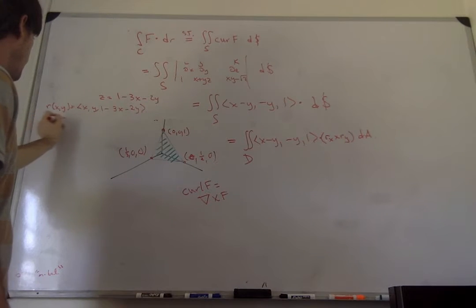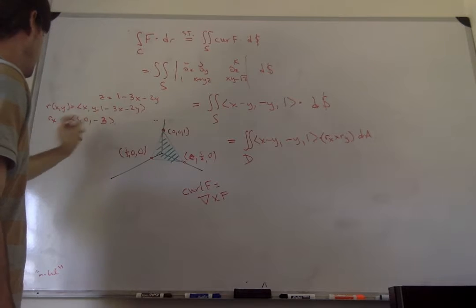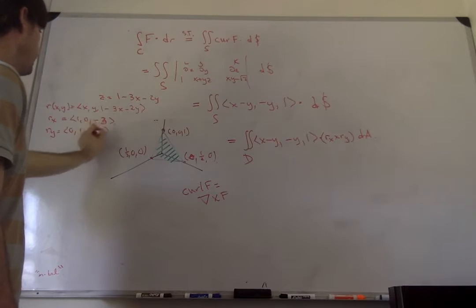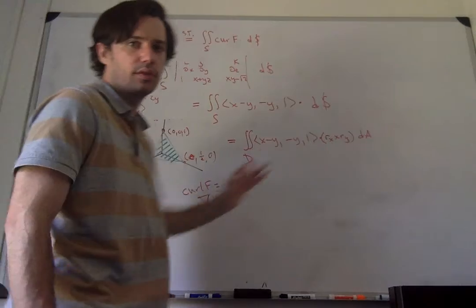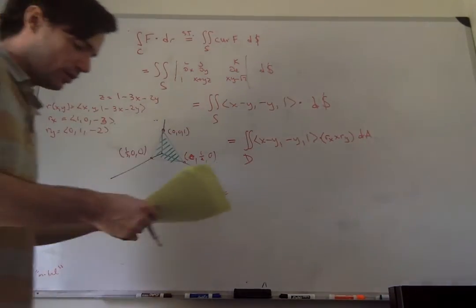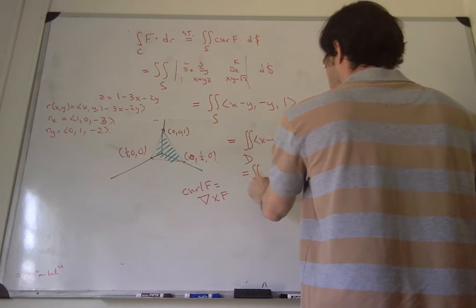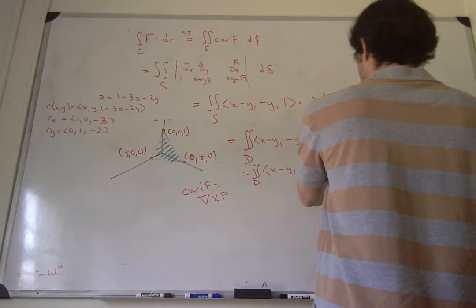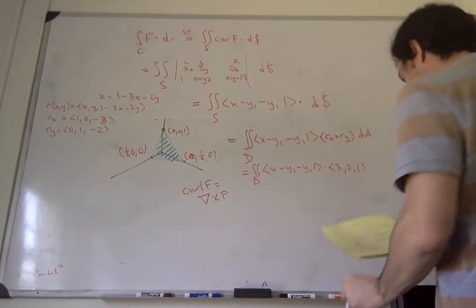Okay, so r_x is going to be 1, 0, negative 3. r_y is going to be 0, 1, negative 2. And when I compute the cross product using that, I will get 3, 2, 1 dA.